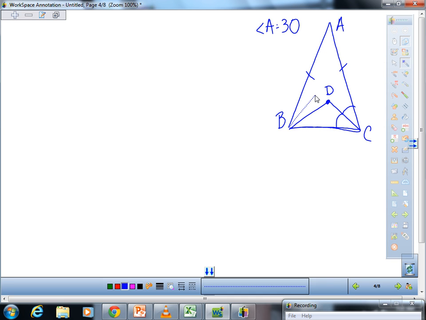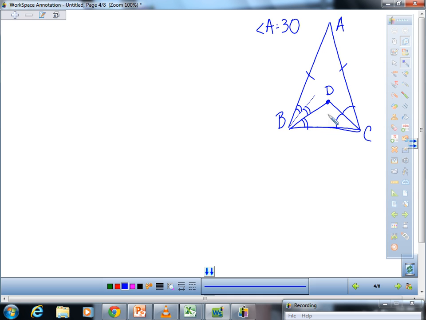So those segments cut angle B into 3 equal angles. So, I'll mark that like this: 1, 2, 3. And we are asked to find the measure of angle D.